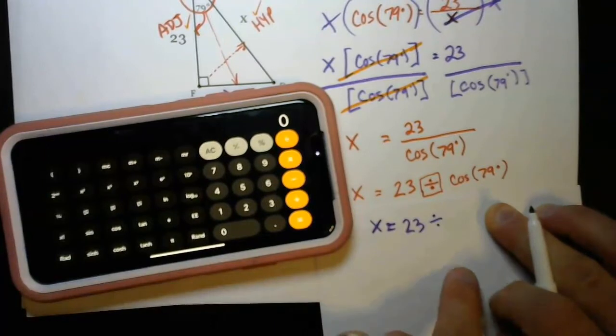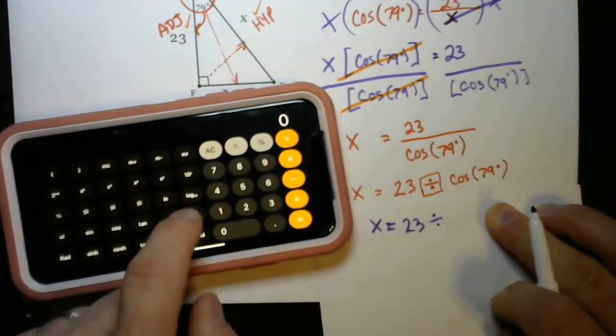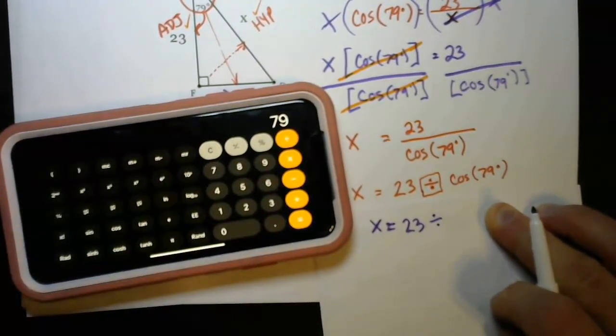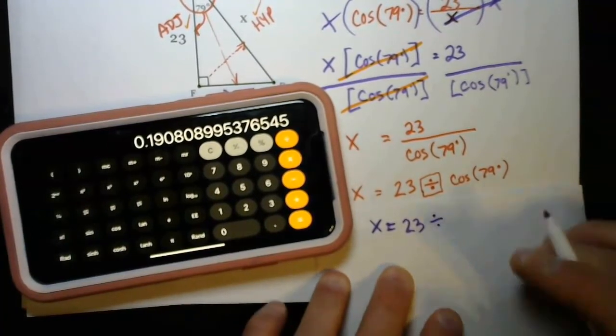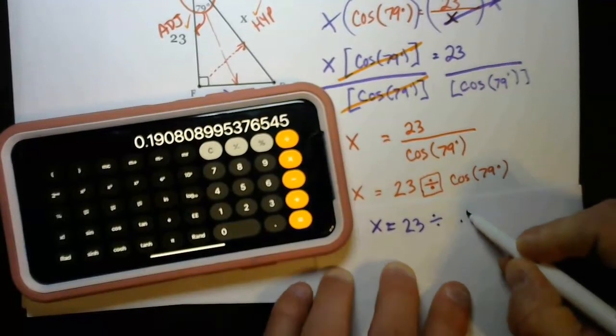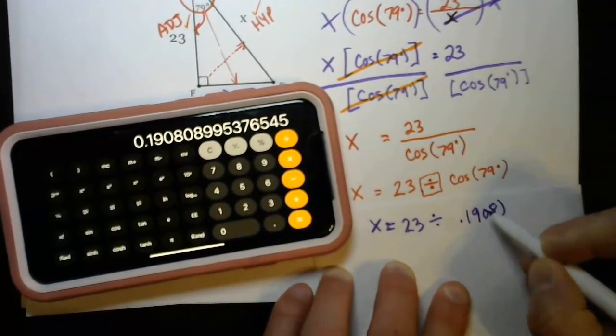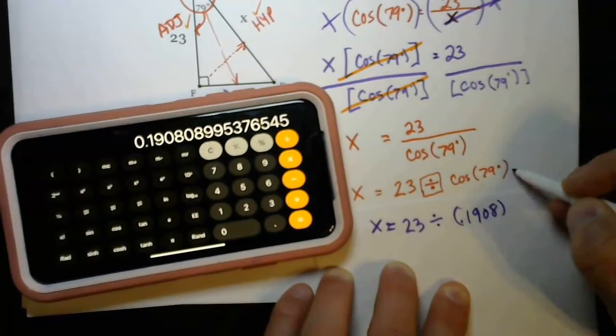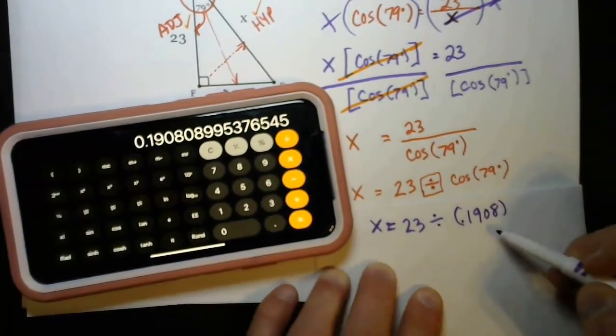The way you get the cosine of 79 on the iPhone is you press 79 and you press the cosine key, and you get 0.1908. We just put the cosine of 79 in our calculator and convert it to a decimal.